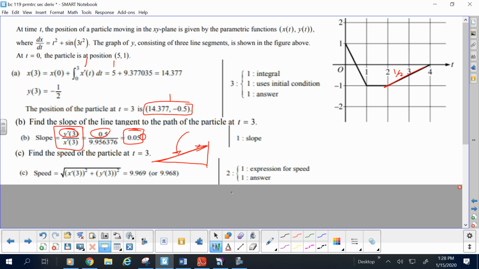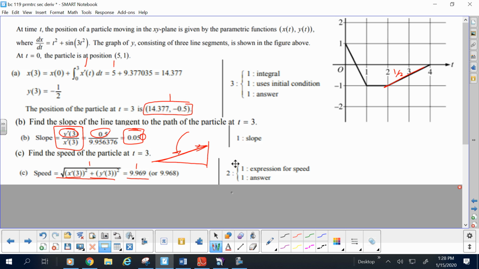It is how fast you're changing without respect to direction. So speed is the square root of x prime squared plus y prime squared. It's like how fast it's changing horizontally and vertically in a Pythagorean theorem calculation. So if you have that, that's 1 point. If you have that, then you're eligible for the answer point, and that's 1 point.